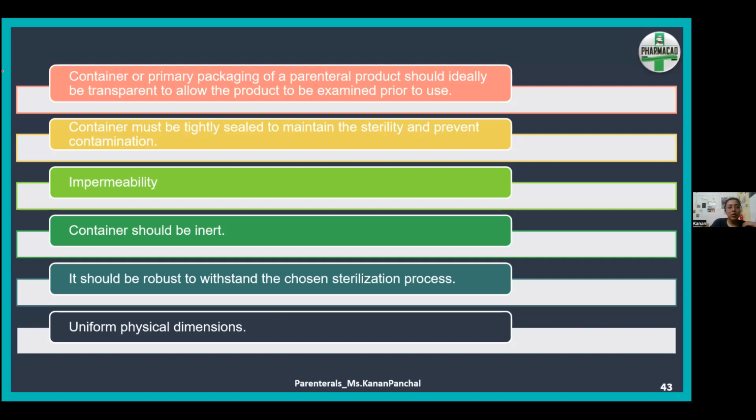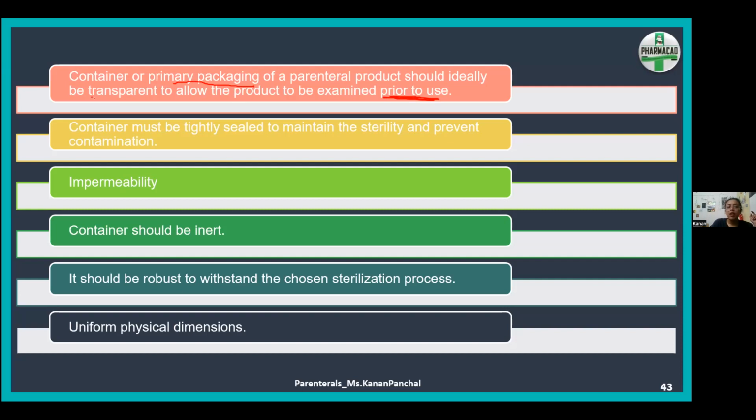So let us look at the important characteristics and attributes of the containers and closures as well. The container, or the primary packaging, should ideally be transparent to allow the product to be examined prior to use.